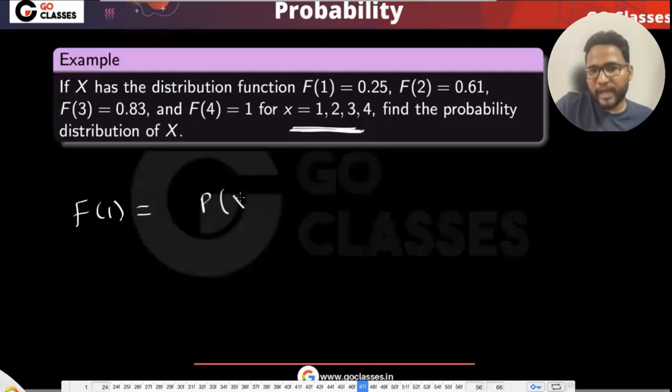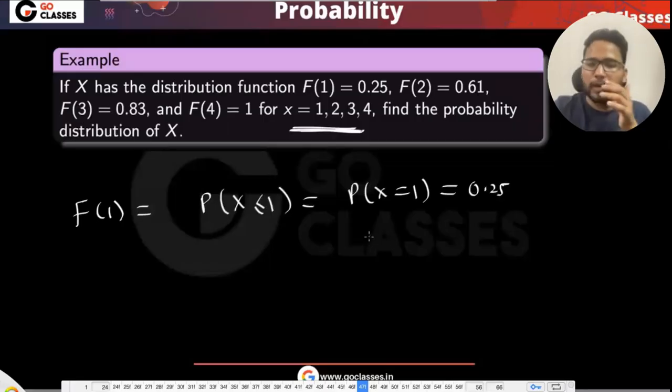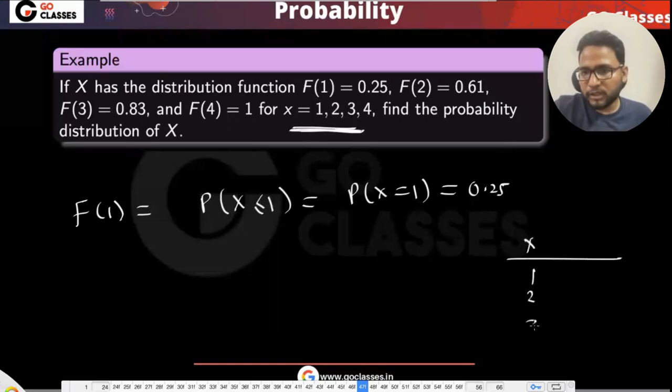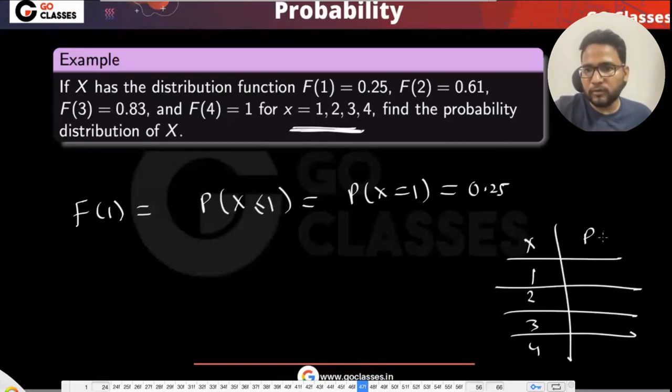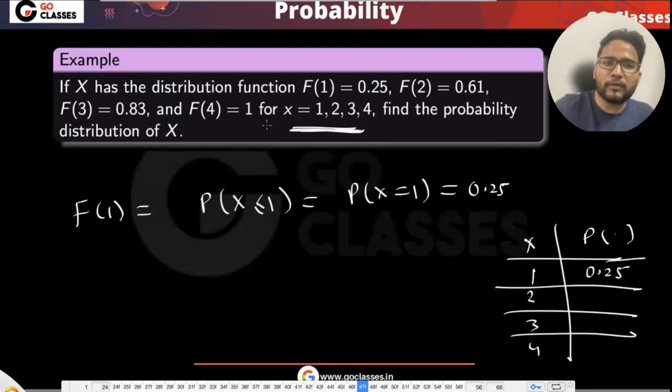F1 is the probability of x less than or equal to 1, which is the probability of x equal to 1, which is 0.25. For the PMF, I need 4 values at x = 1, 2, 3, 4, because x can take only 4 values. Do you have this particular value? I think we have 0.25. Now tell me what is F2.